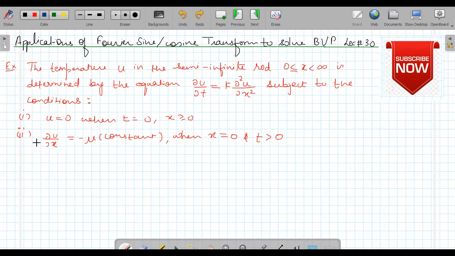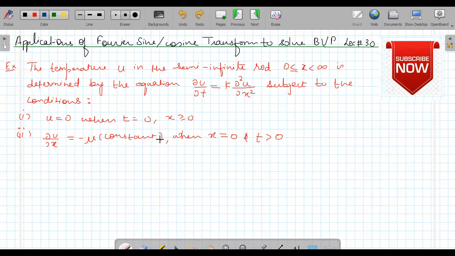And the meaning of the second condition is that del U by del X is equal to minus mu when X is equal to 0 and T is greater than 0, means as you increase the time, at X equal to 0, at the boundary of the rod, the rate of change of temperature is minus mu, which is constant.